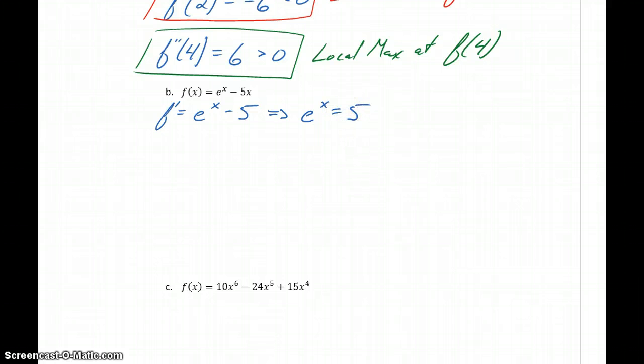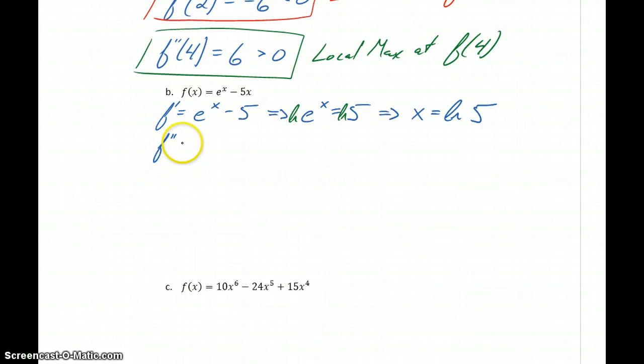So now to solve this, what we'll have to do is go back to a method that was similar to solving values with the continuously compounded interest formula. We'll take the natural log of both sides. The natural log of something, we can bring that exponent down as a factor in front, and then the natural log of e is just 1. So we get x equals the natural log of 5.